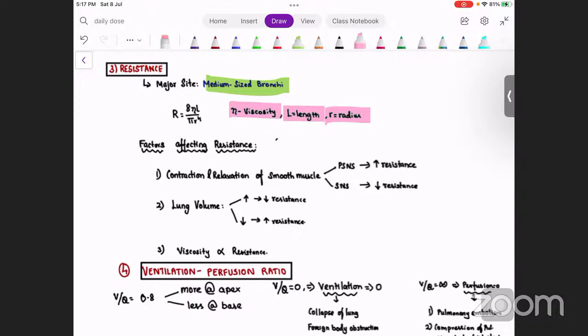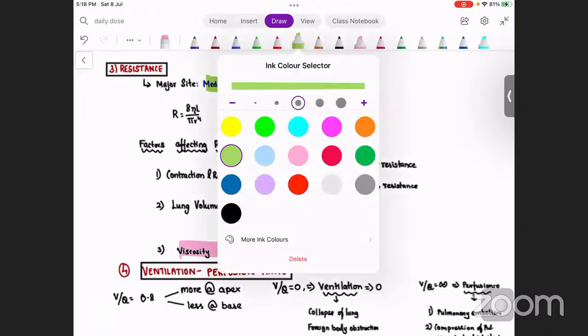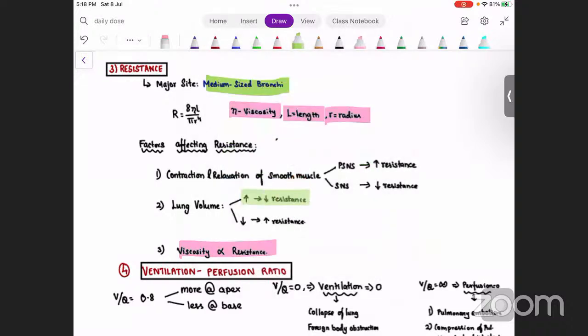And what are the factors affecting your resistance? We classify these factors as muscle contraction, lung volume, and viscosity. Rho is the viscosity, so resistance is directly proportional to viscosity. And what about lung volume? Lung volume has an inverse relationship with resistance. Whenever lung volume is increasing, you see a decrease in resistance, and whenever lung volume is decreasing, you see an increase in resistance.